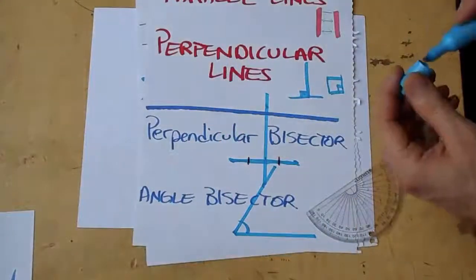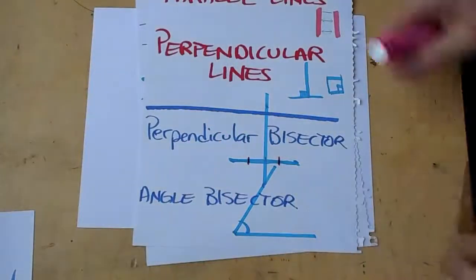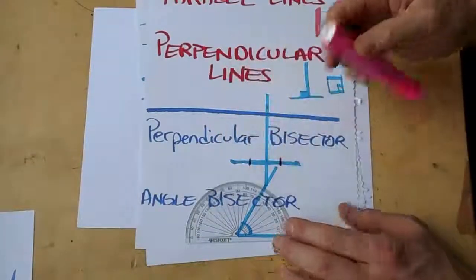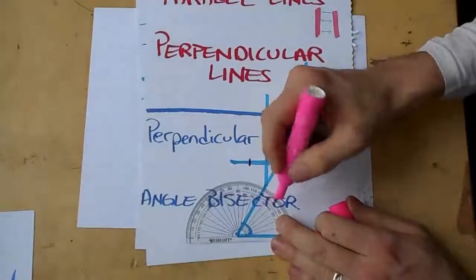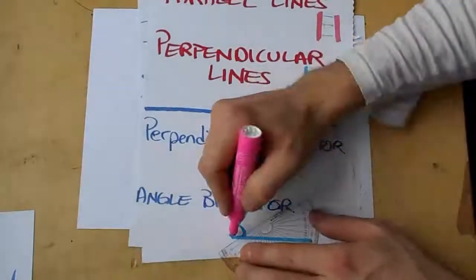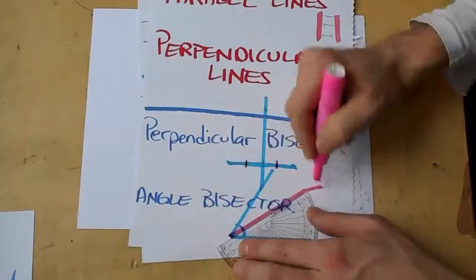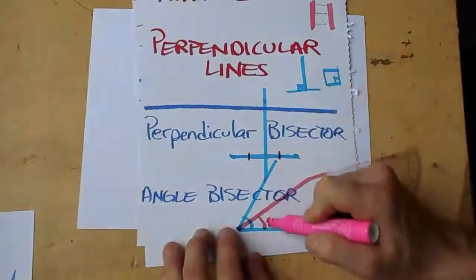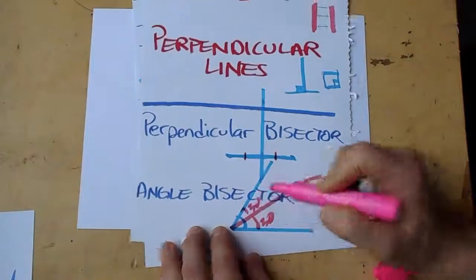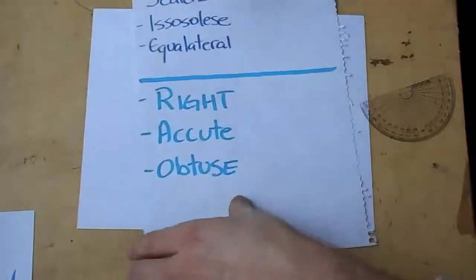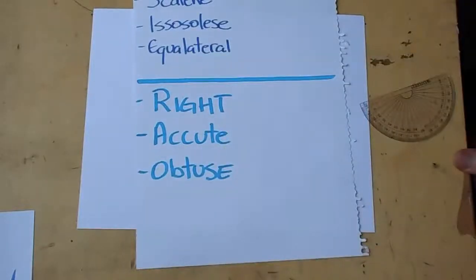If I was to bisect that, I'm going to take half of 60, which is 30. So I'll make a little dot by where the 30 is, and I connect that to the bottom. And there is my angle bisector. So that's going to be 30 and 30. Those are the four main types of lines you're going to need to put into your project today.